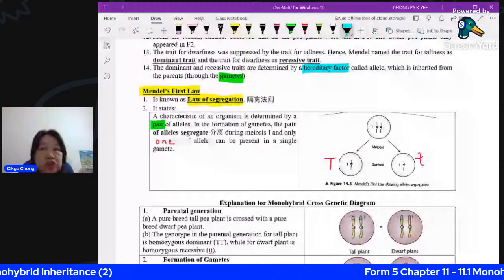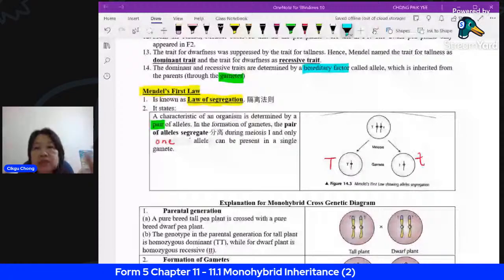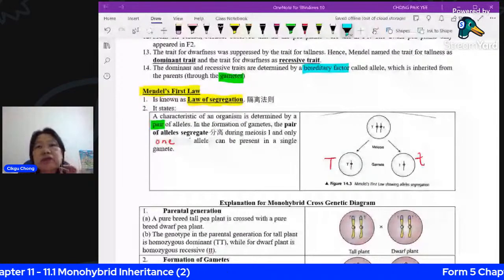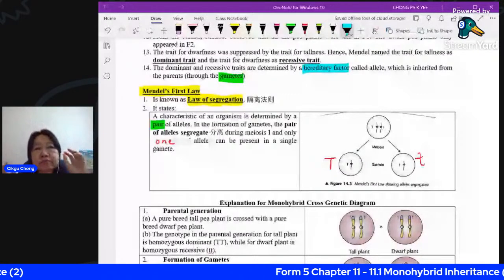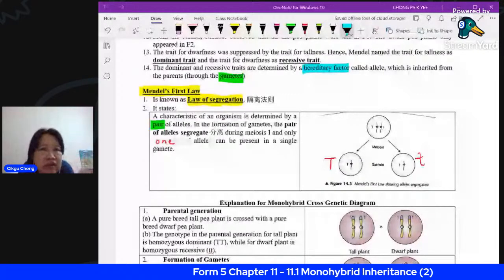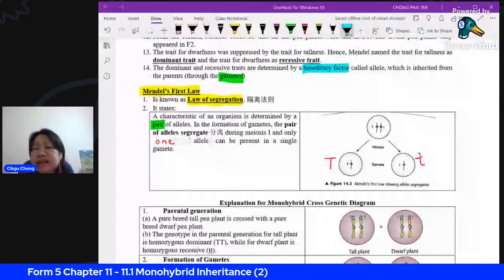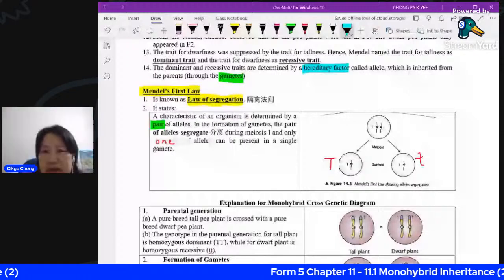Let's say we're talking about animals. The father will supply the gene through the sperm, and the sperm carries the father's genes. The mother's ovum will carry the mother's genes. The sperm will fertilize the ovum, so this one came from the father, let's say, and this one came from the mother.